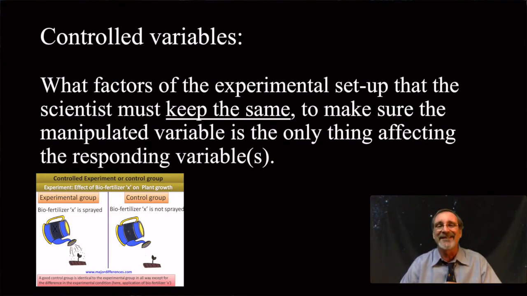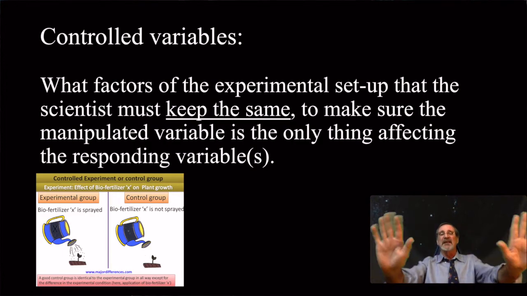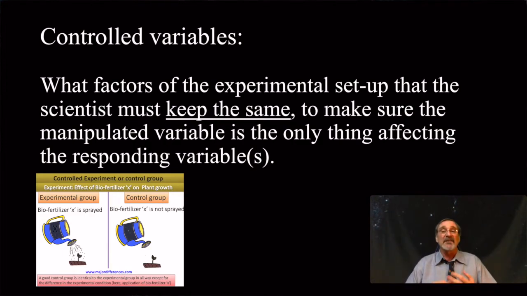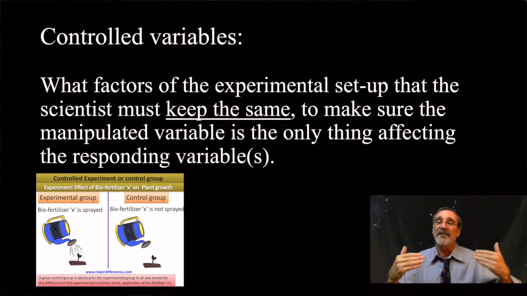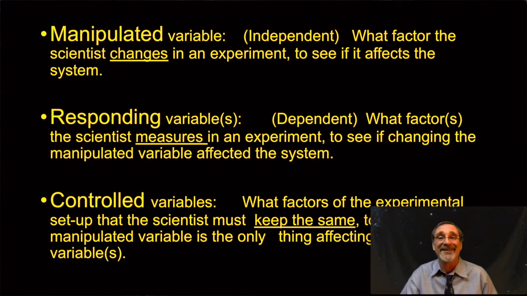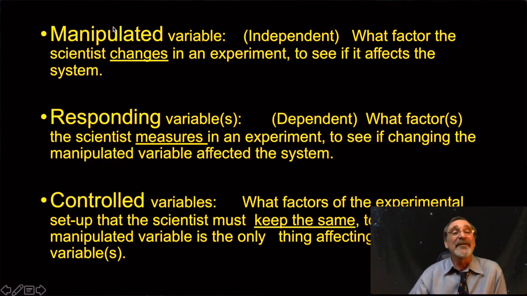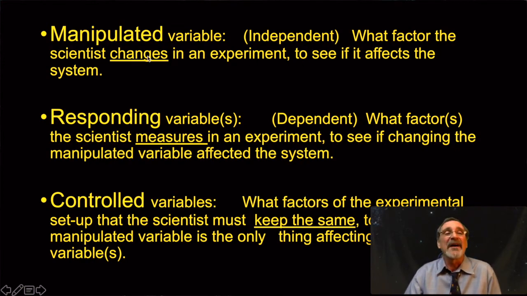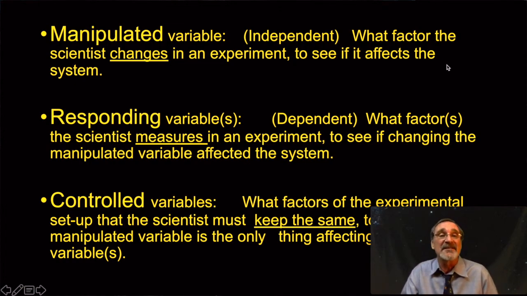Okay, so this is the classic method scientists use in their experiments to find out what effect one thing has on another. In review, you have the manipulated variable, also known as the independent variable. This is what factor the scientist changes in an experiment to see if it affects the system.